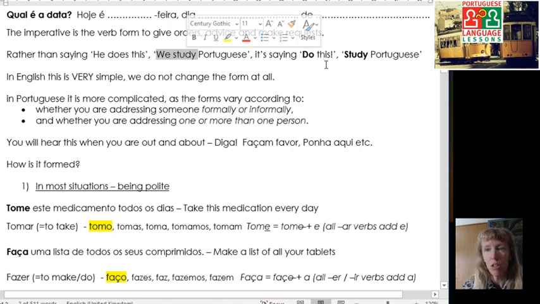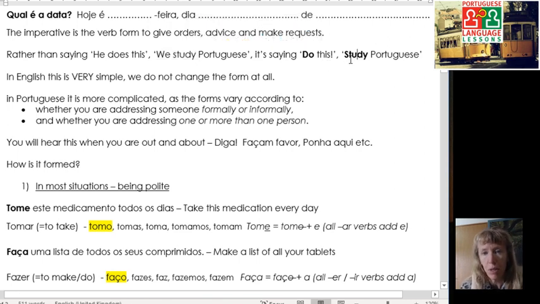It's saying things like do this, study Portuguese. Okay, so I'm not describing an action, I'm not saying what someone is doing or did, I'm giving an order. Okay, I do not have a person before the verb.